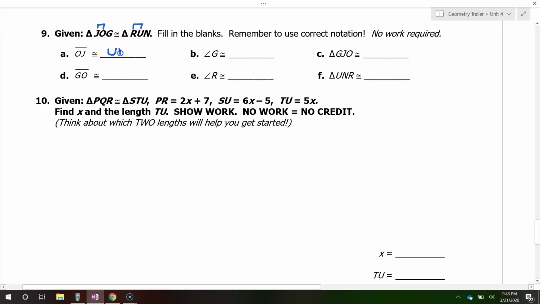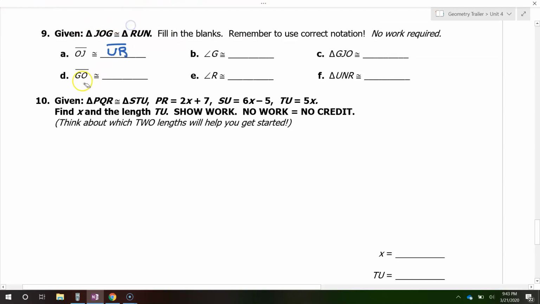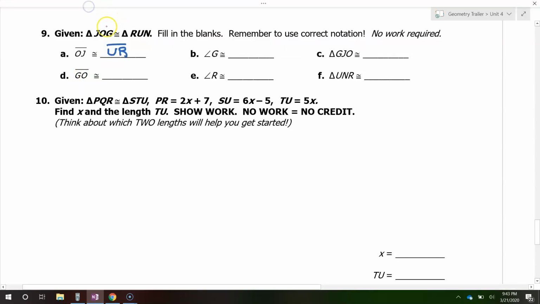You really could say that either way. I know that those two go together. Okay, segment GO. GO is right here. That corresponds with NU.